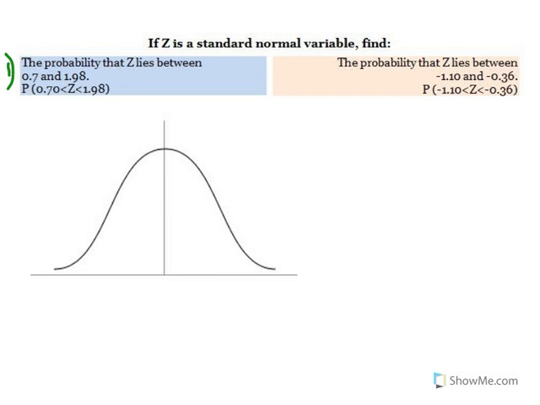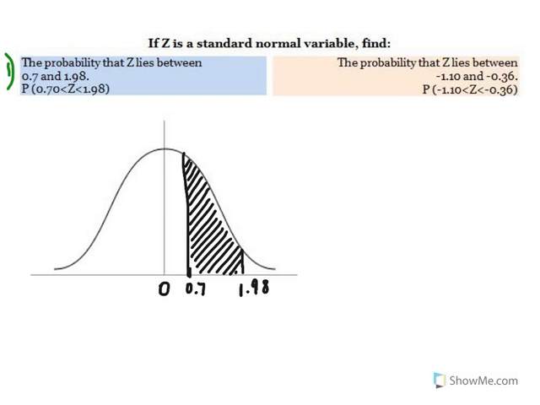The mean is 0 here, and the first z is 0.7, so probably right somewhere over here. And the other one is 1.98. All the question is asking is to find this area in between, bound by two z-scores.